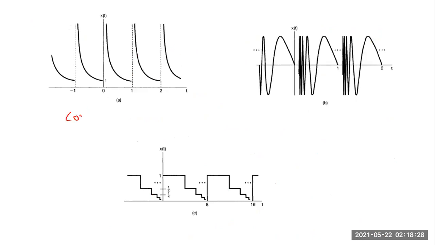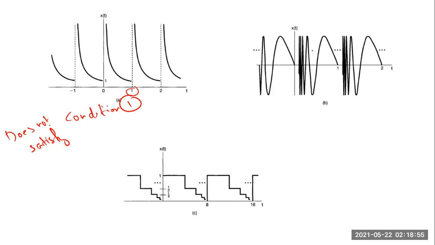This is a signal which doesn't satisfy condition number one. You can see the signal is periodic. It is repeating itself after this time interval, but it is not absolutely integrable. If you integrate this from 0 to 1, you can see the area under this graph is infinite.